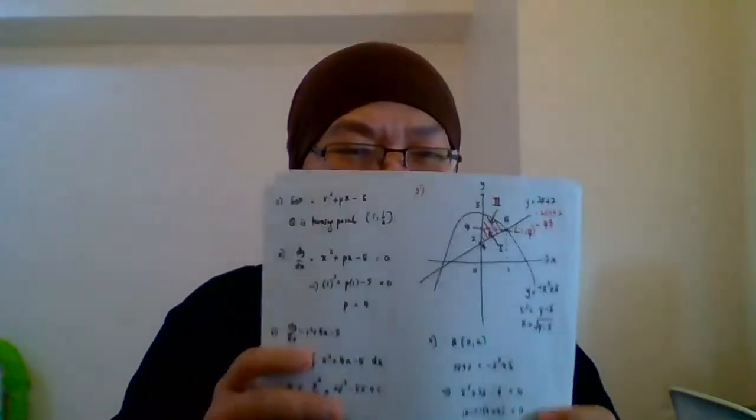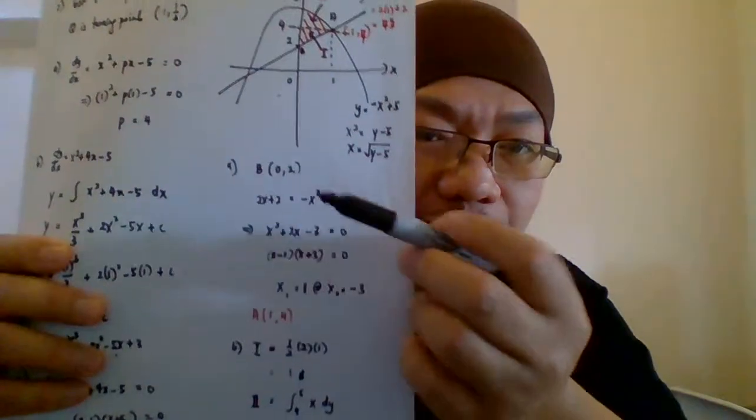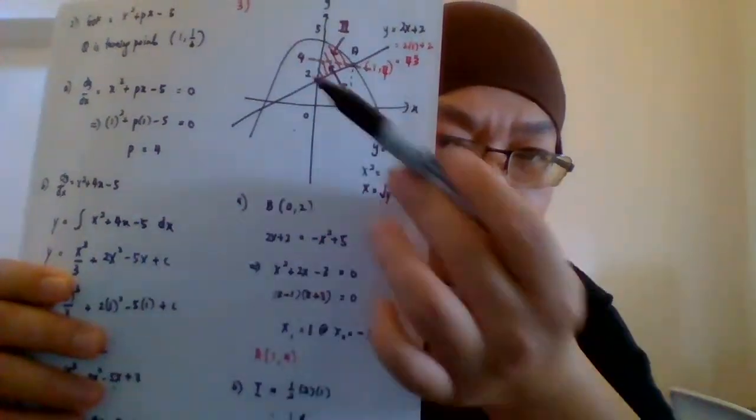So x squared equals y minus 5, x equals square root y minus 5. This is your equation of the curve.